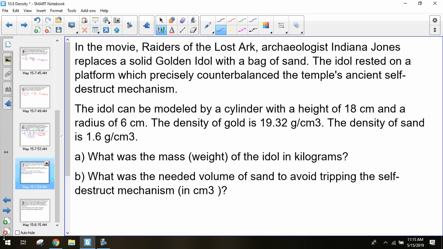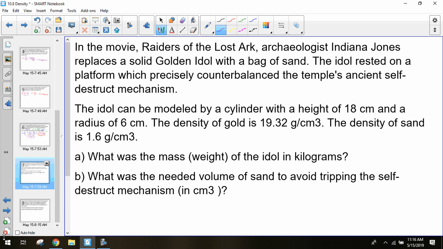Okay. So the idol can be modeled by a cylinder with a height of 18 centimeters and a radius of 6 centimeters. The density of gold is 19.32, and the density of sand is 1.6 grams per centimeter cubed. So we need to find two things. We want to find the weight of the idol, or the mass of the idol, in kilograms. In kilograms, that means grams.